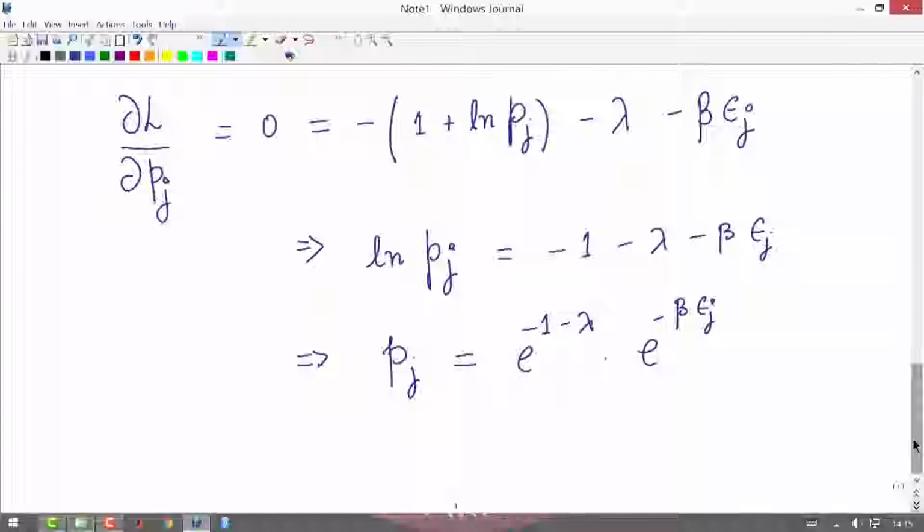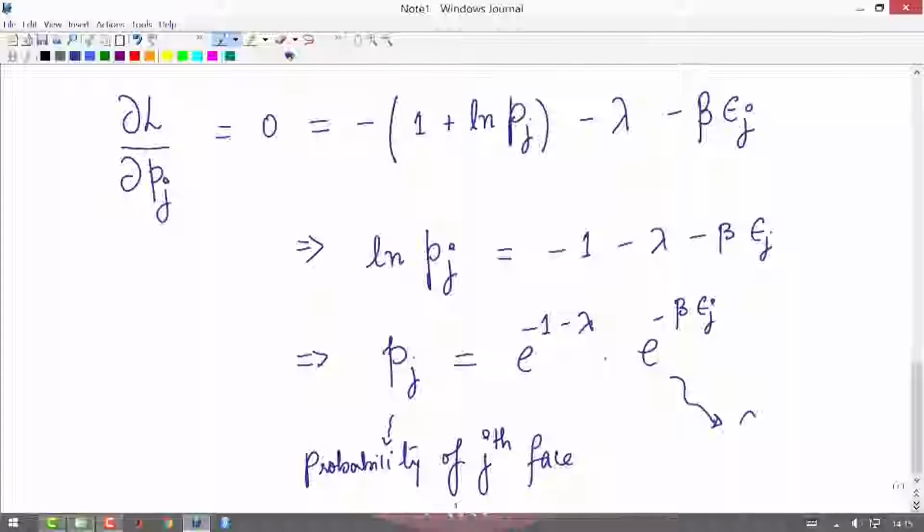Now, look at the right hand side. This time the probability of the jth phase is dependent on j, because there is a term E j, which is in some sense the value of the phase j.